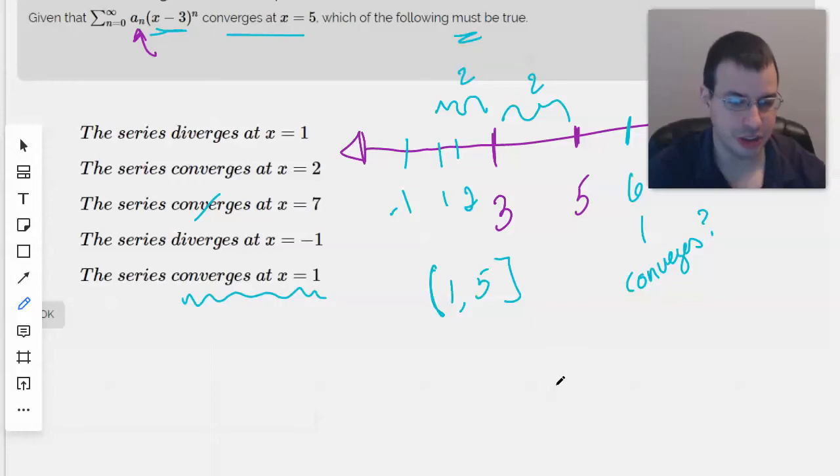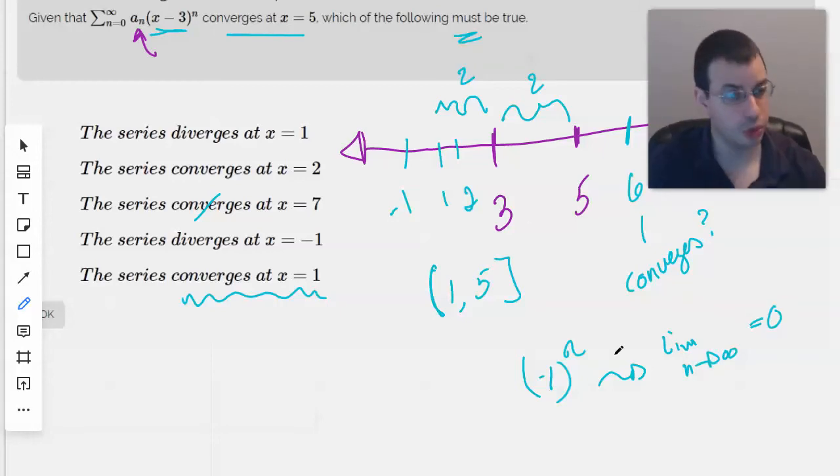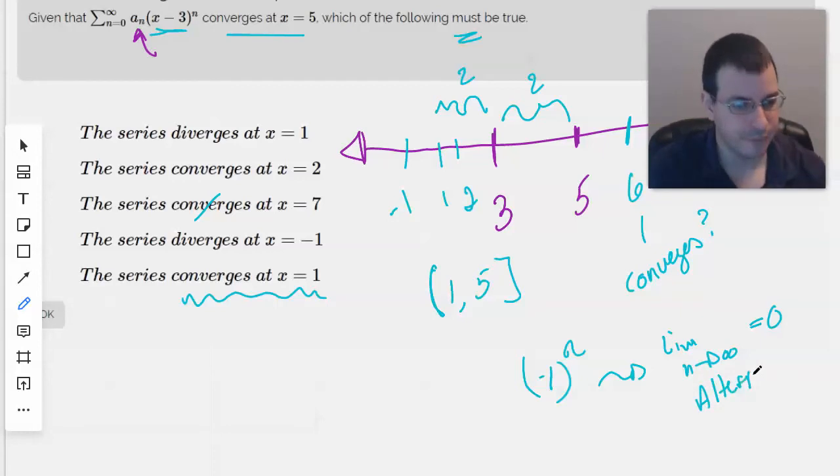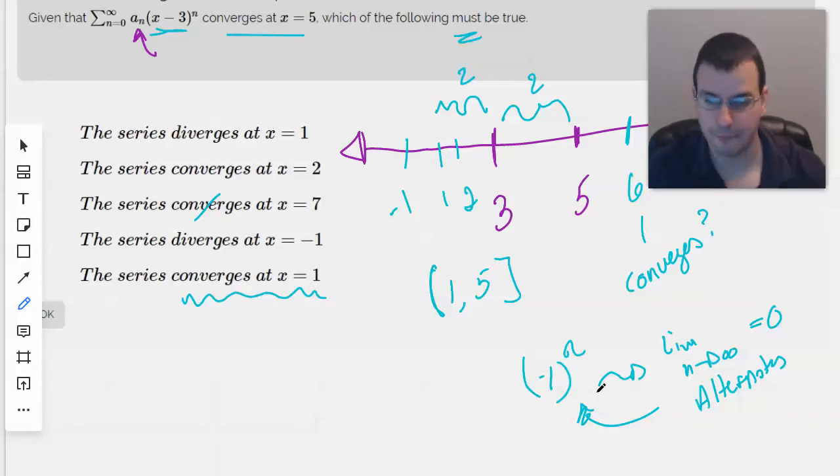An alternating series is where you have something like negative 1 to the n. And what happens is for the alternating series, as long as the limit as n approaches infinity is 0, as long as it goes towards 0 and it alternates with negative 1 to the n, then it'll still converge as well.